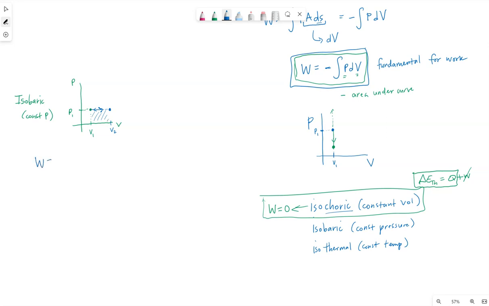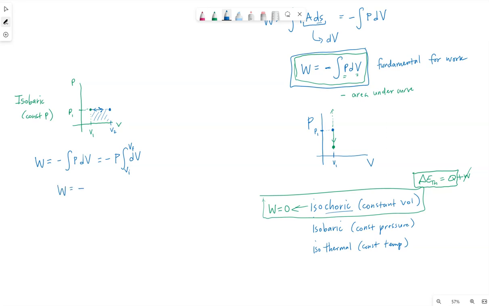Well, the integral works out easily because if pressure is a constant, we can pull that out of the integral, and that leaves us with the integral of dV. Since V, volume, is our variable, we're integrating from a V initial to a V final.